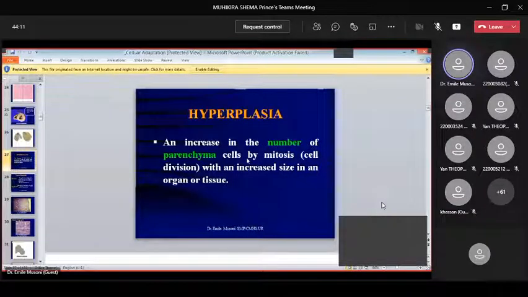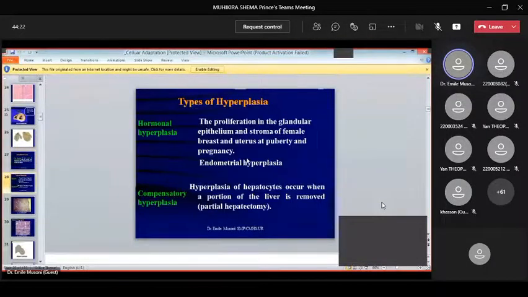Hyperplasia is an increased number of cells by mitosis, and an increase in size of the organ or tissue. It can also be compensatory. Hormonal, in case of endometrial hyperplasia.